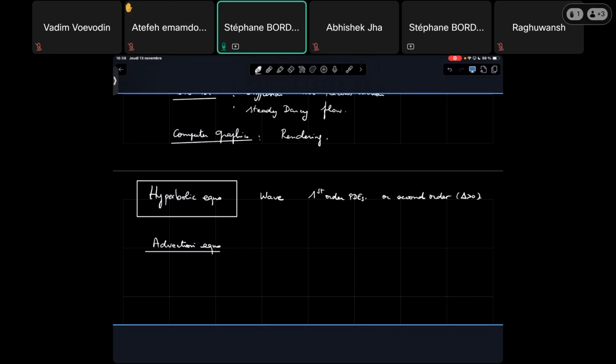So the first order wave equation will be: you differentiate with respect to time a quantity you're interested in, plus A, which is a coefficient, times u differentiated with respect to space, and the two should be 0. So this is called linear advection.